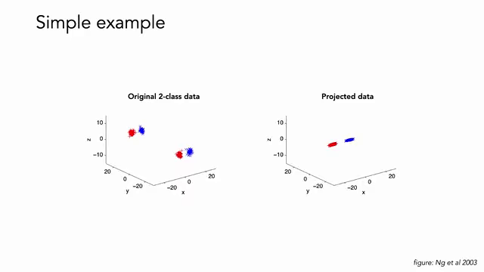The very, very simple optimal projection here would be just removing the dimension, here along the y-axis. So now you're just projecting everything into the same plane, and now they're very easily separable from that perspective.